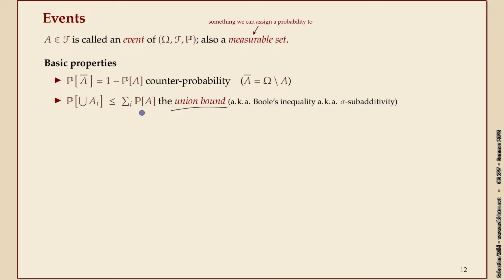So we'll often use this to bound in an algorithm that something bad happens and that there are several ways in which something could go wrong. But if you can just have an upper bound on the sum of the individual probabilities for everything that could go wrong, that's an upper bound for having anything go wrong.